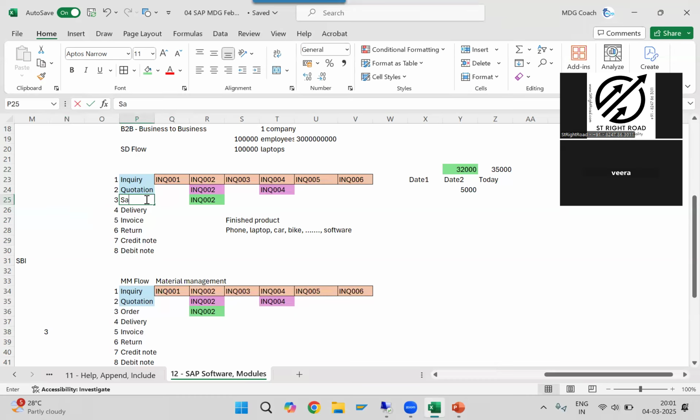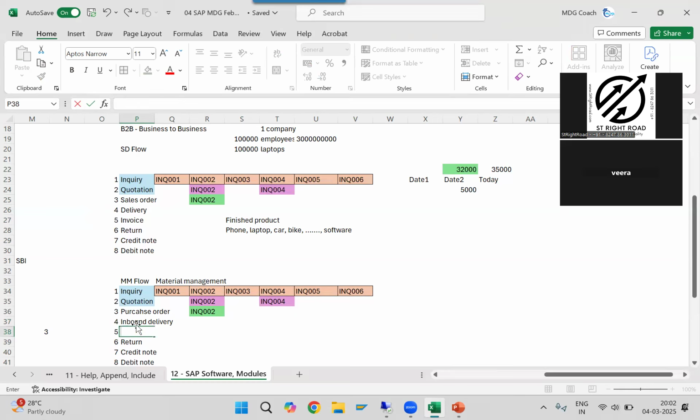Let me write this. Sales order, delivery, invoice, return, credit note, debit note. Here, the terminology is purchase order. You are going to purchase this. So this is also a delivery, inbound delivery. Outbound delivery is also there.